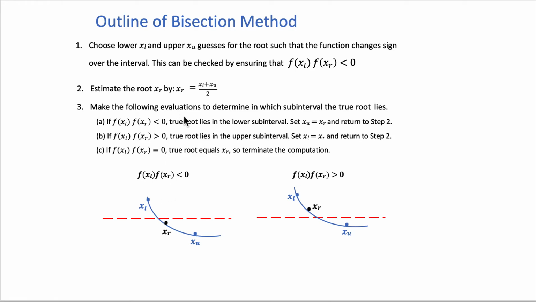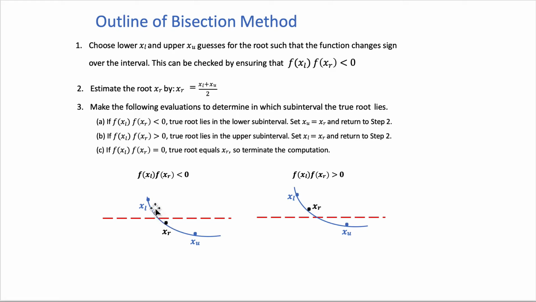And then we check. The root could be in the interval between the lower x and the estimate of the root, or it could be in the interval between the estimate of the root and the x upper. How are we going to determine where the root will be?